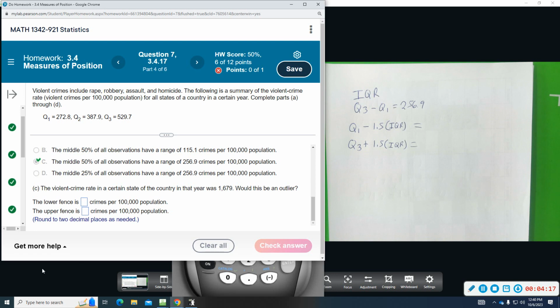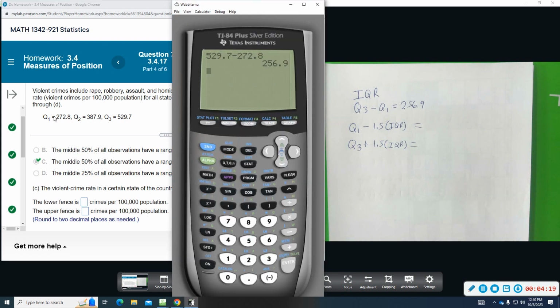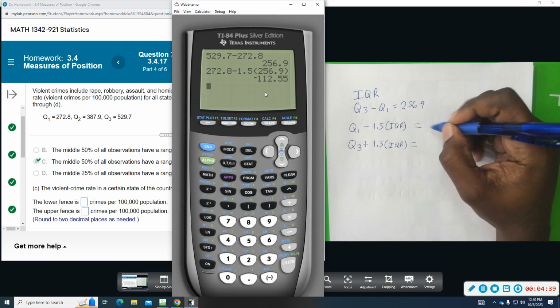So we're going to compute both of those. So Q1 we have 272.8. We're going to subtract 1.5 times the interquartile range, which is 256.9, and that gives us a negative 112.55.